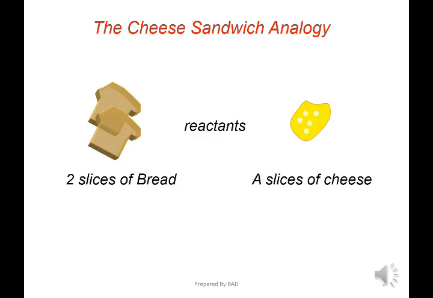So, bread and cheese are reactants and the cheese sandwich is the product. The stoichiometry ratio to make a cheese sandwich is 2, 1, 1. 2 slices of bread react with 1 slice of cheese to produce 1 cheese sandwich.